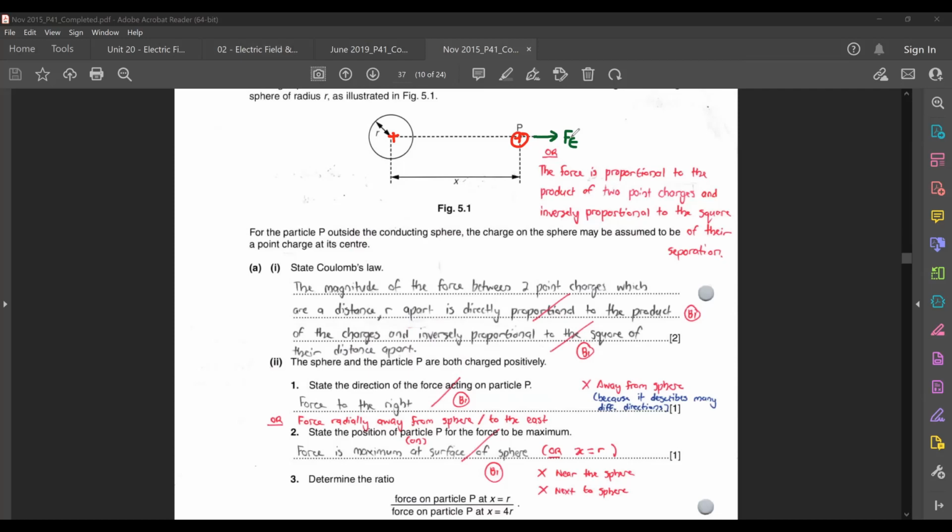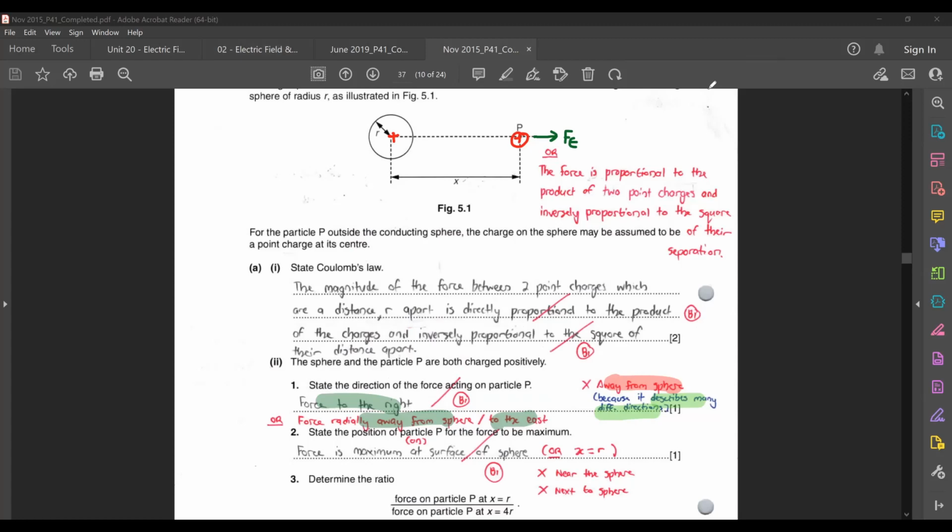Okay. So how do you word your answer here? You would just say the force is towards the right, is radially away from the sphere, or towards the east. Okay. Now the wrong term to use here, according to the marking scheme, is to say away from the sphere. Because if you say away from the sphere, it could have meant many different directions.